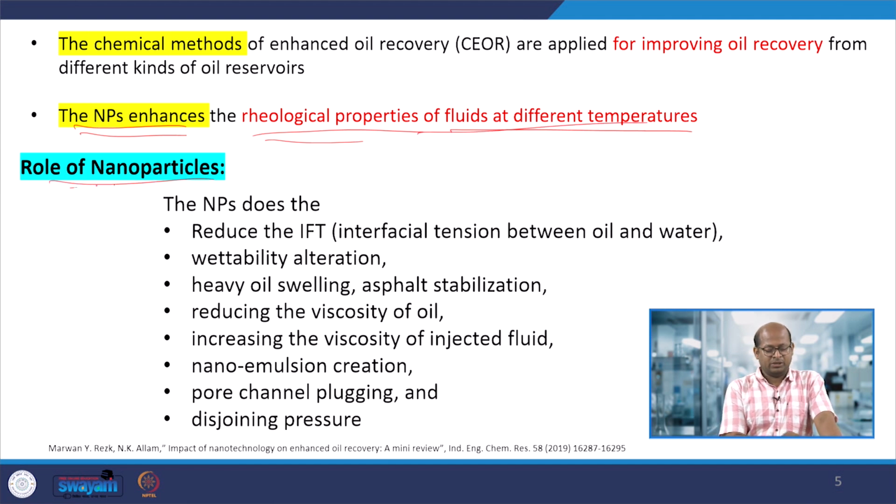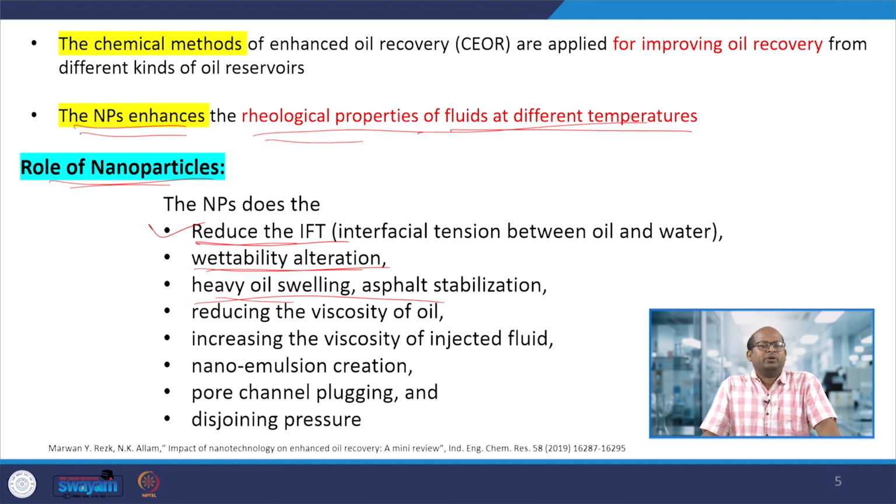The roles of nanoparticles are to reduce interfacial tension, alter wettability, swell heavy oil, stabilize asphaltenes, reduce the viscosity of the oils, increase the viscosity of the injected fluids, create nano emulsions, plug pore channels, and generate disjoining pressure. These are the main roles of nanomaterials added to the base fluids, altering different properties of the oil present in the reservoirs.